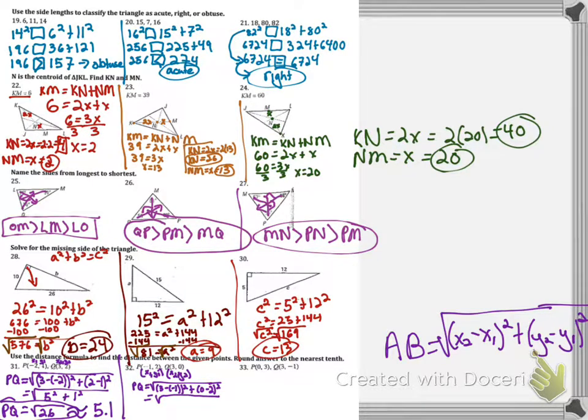Once again, we have a minus a negative, which turns it to a positive. So we have 3 plus 1, which is 4 squared, plus negative 2 squared, which we know is 4. So that gives me 16 plus 4, which is 20.